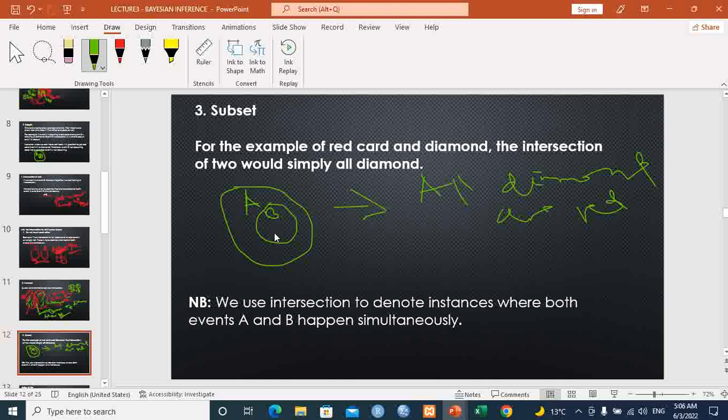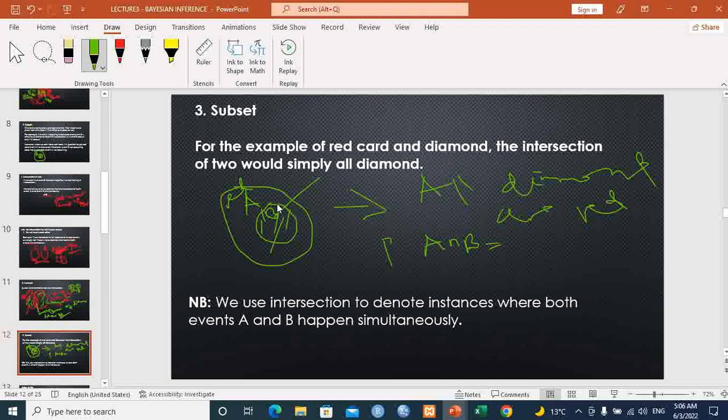That is why we have the diamond inside the red. We discussed this in our previous class anyway. So what is the intersection of A and B? What is the set of them happening together?